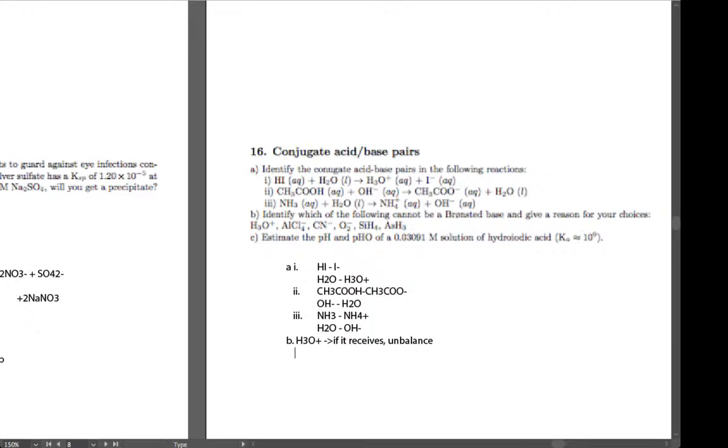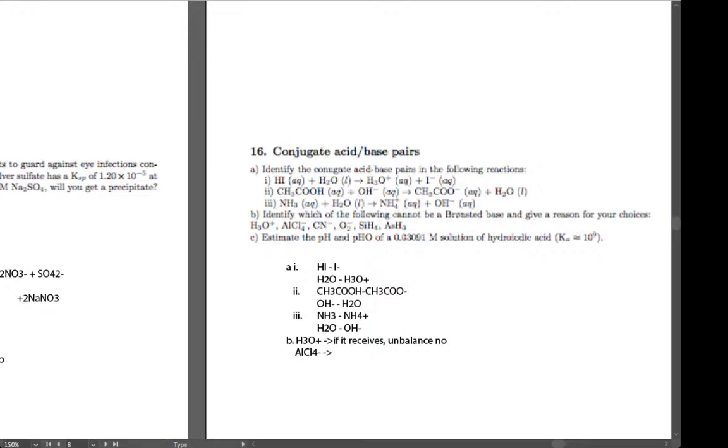For AlCl4 minus, I would say no. And by the way, H3O+ is just something that gives, which would make it an acid.